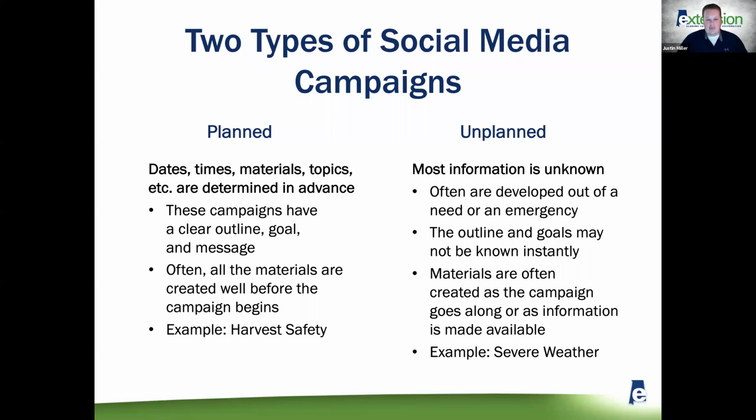For today's purposes, I have broken down campaigns for social media into two different types: planned and unplanned. For planned campaigns, a lot of the information, such as dates, times, the materials you're going to use, and the topic, is determined well in advance of when you actually start your campaign.